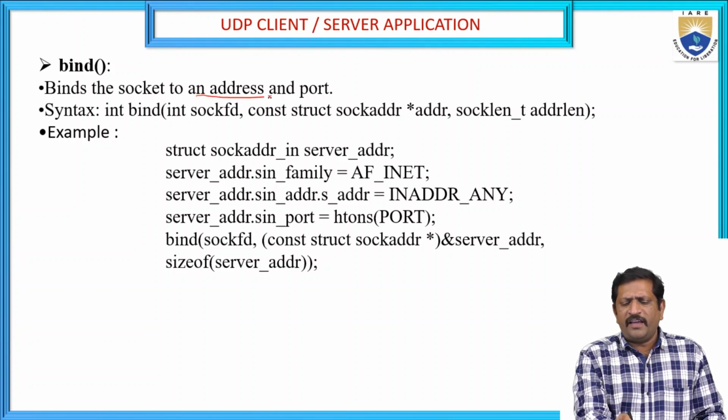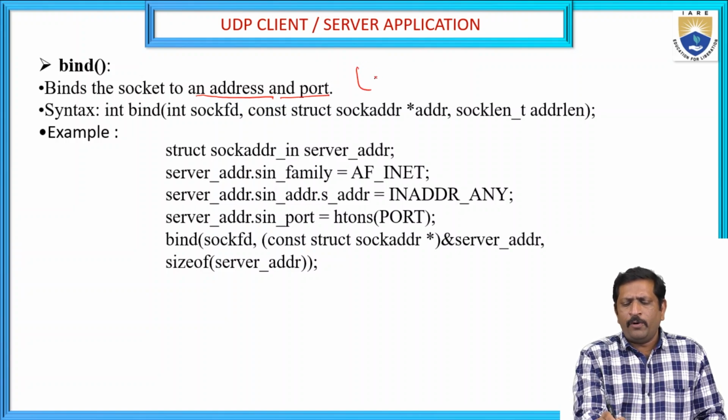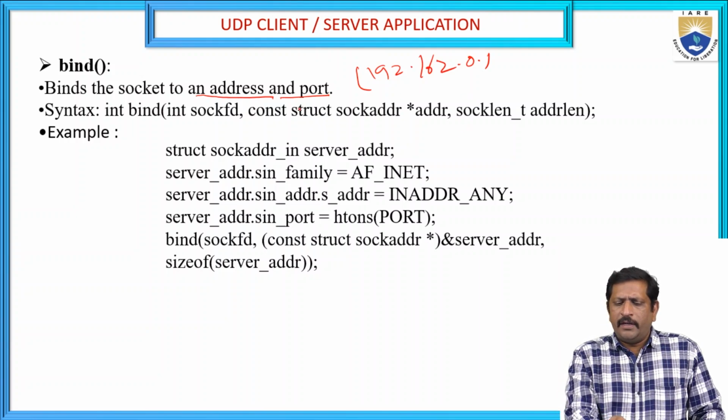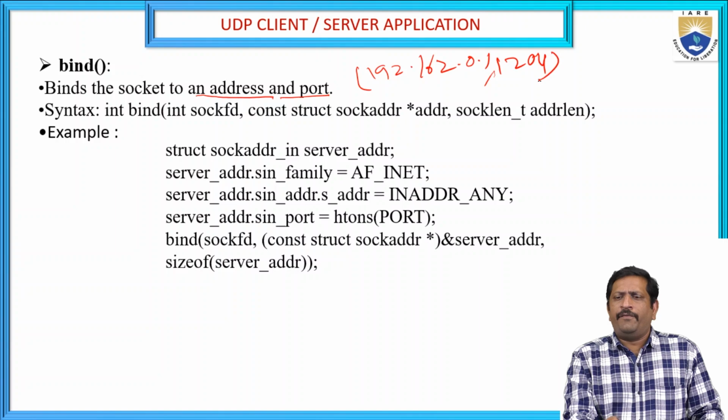With the help of the client's address and port number. For example, the address of the client is 192.162.0.1, which is receiving the message, and the port number is 1204, the port number of the client.